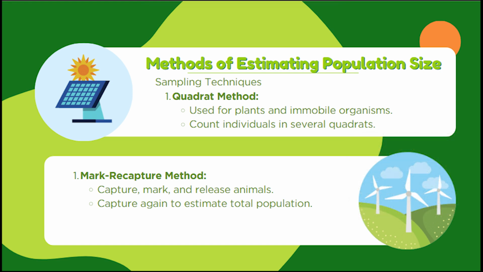The second one is the mark-recapture method, used for mobile animals like birds or fish. You catch and mark a group of animals, release them, then capture again later. The ratio of marked to unmarked animals helps estimate the total population. These methods are crucial for conservation, wildlife management, and even farming.